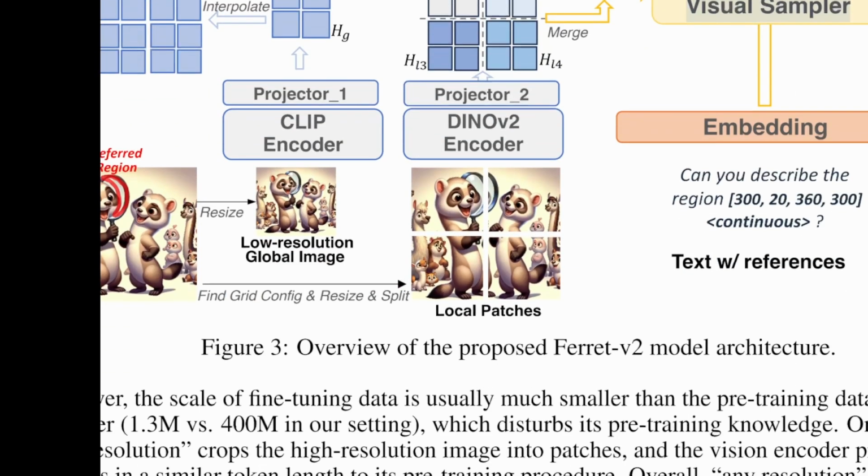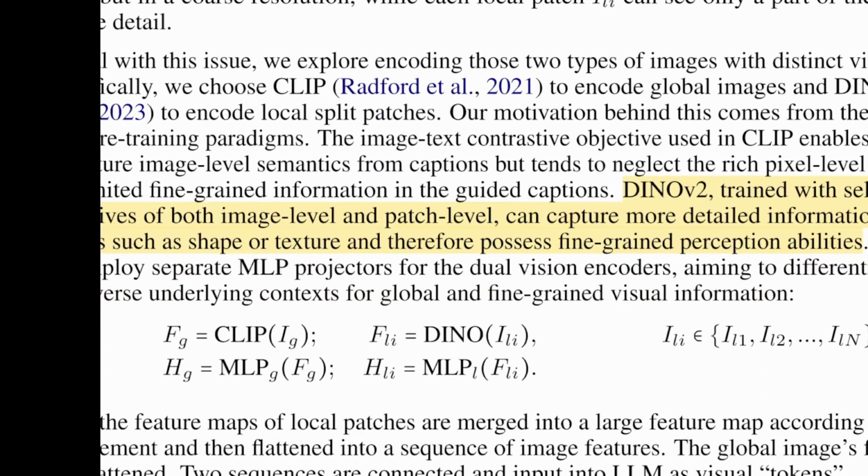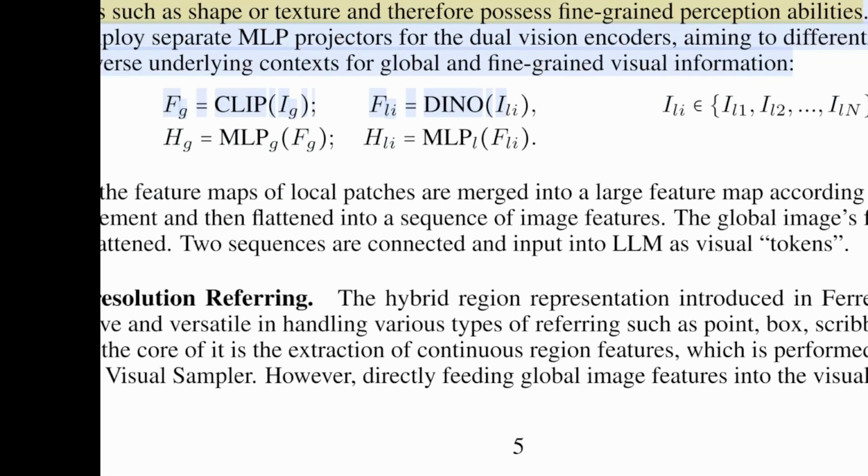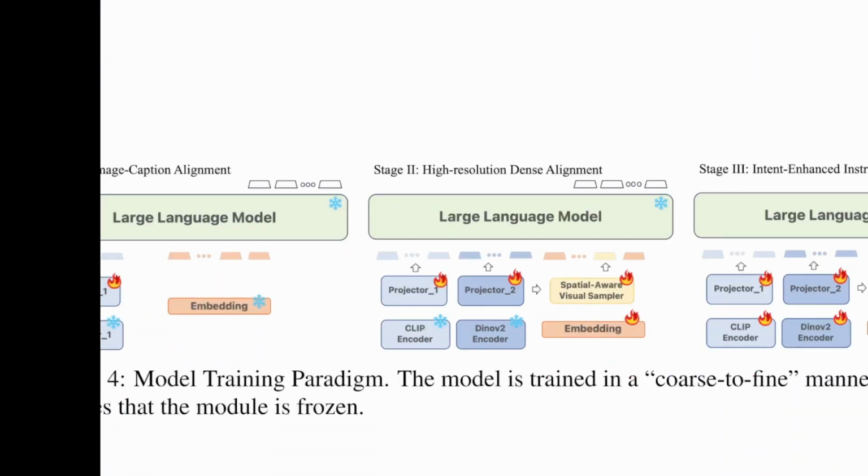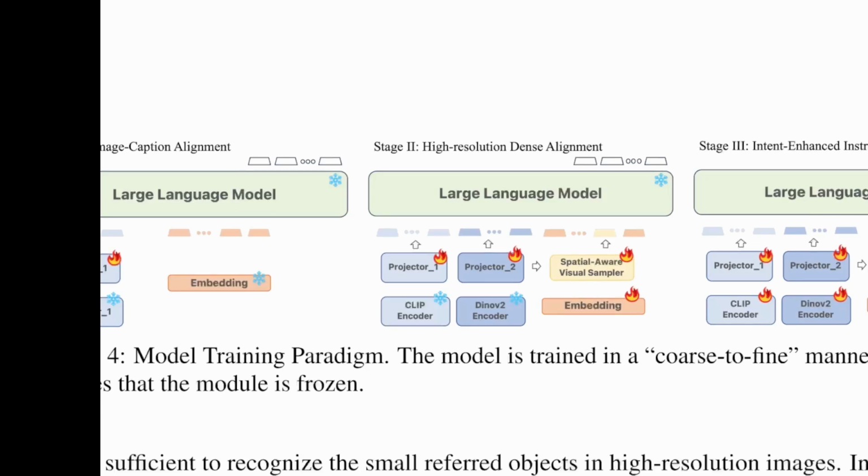So let's go down. Then they're talking about the architecture. We talked about that: patches, we applied DINO, then we pass them through the MLP. Then they're talking about the model training paradigm. First they have just image captioning alignment, then they have high resolution dense alignment.